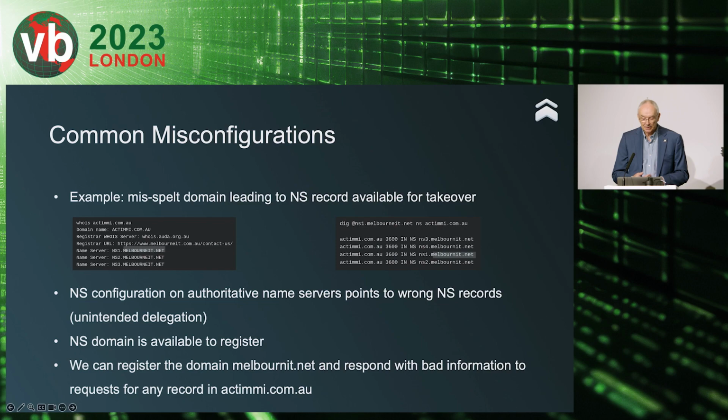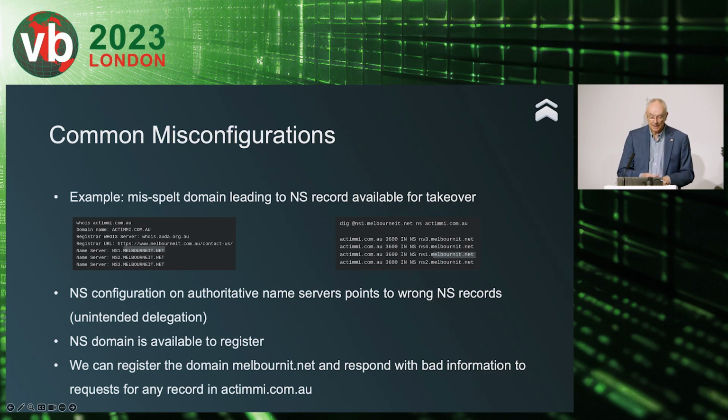And now we're the owner of that domain, and now we can set up name servers that have the same names as the ones in the actual zone, but we can put in information on those name servers to be anything that we like, because we have total control of those. So in this case, we have a very good chance that we're eventually going to see almost all of the name resolution traffic for the target domain, which is actually neither of the Melbourne IT ones.